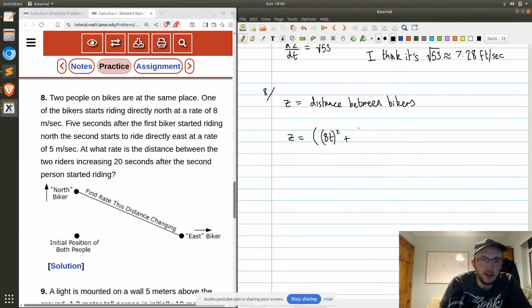For the east biker, the biker heading east, okay, all right, so we are actually going to have to be careful here. The north biker always has a 40 meter head start. So we're going to say 40 plus 8t, and we're going to square that.